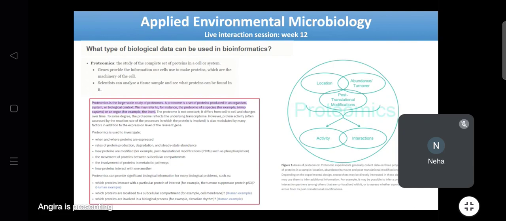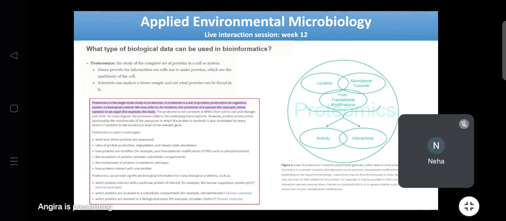The degree to which the proteome differs reflects the underlying transcriptome, and the protein activity, given by the reaction rate of the processes in which the protein is involved, is also modulated by different factors through the addition or expression of a relevant gene. So with the help of proteomics, we can investigate when and where the proteins are expressed. It also helps us to know the rate of protein production, degradation, and the steady state abundance of the protein. It also gives us a better idea of how the proteins are modified.